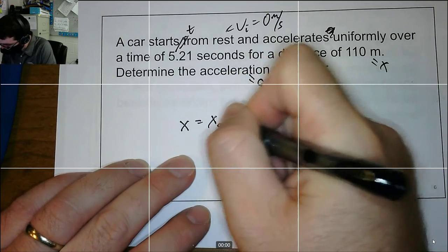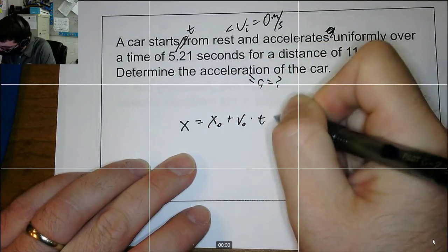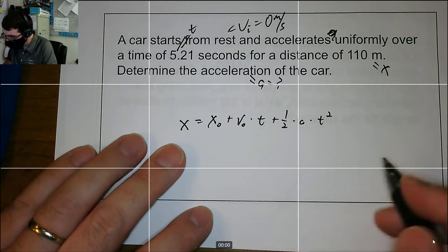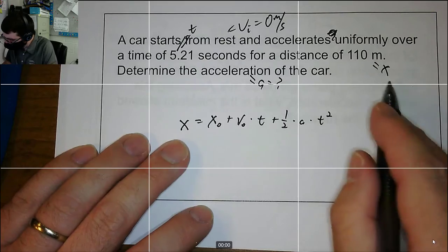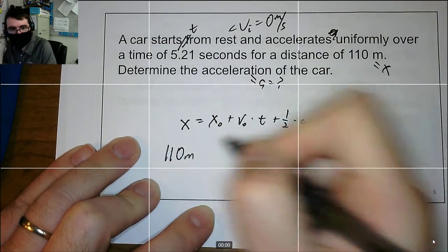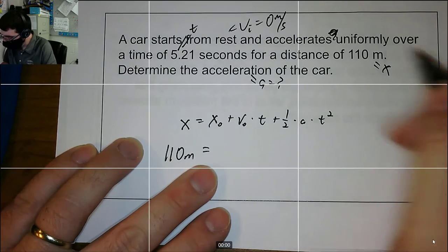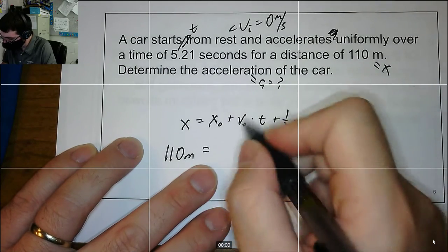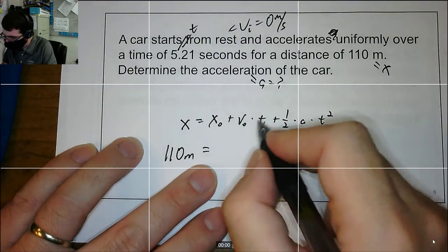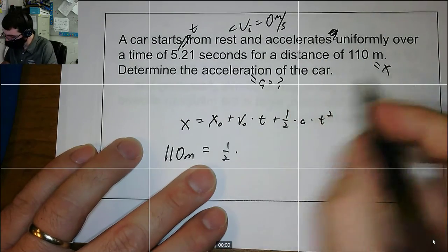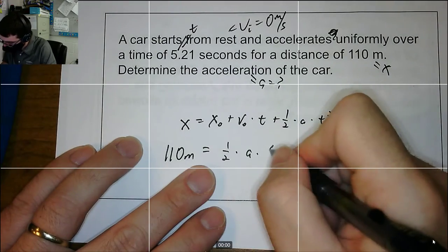X is equal to x naught plus v naught t plus 1/2 a t squared. The difference is this time I have a distance, and then we have no initial distance, no initial velocity. Well, we do have initial velocity. We're told it's 0 this time. So then 1/2 times a times t squared.